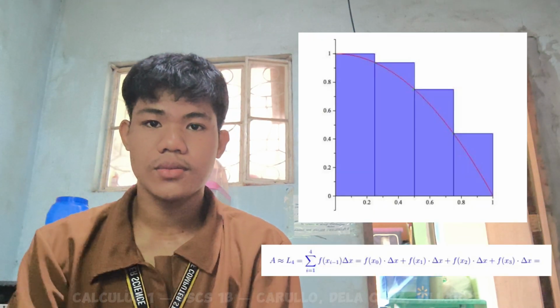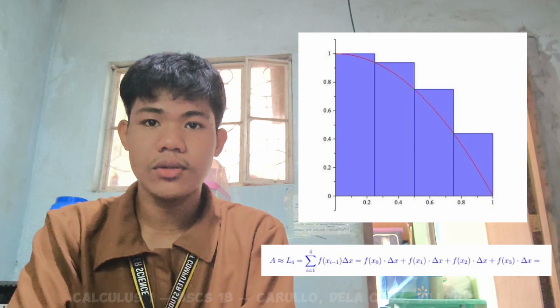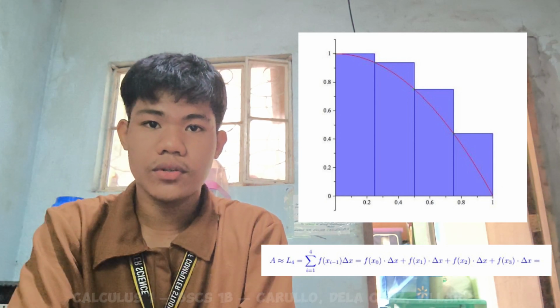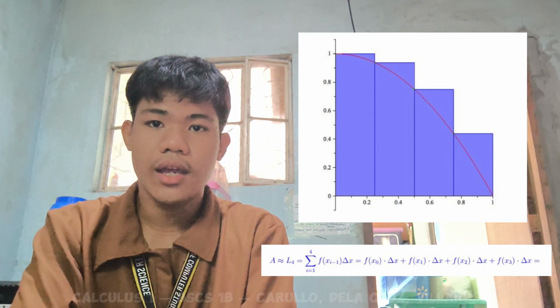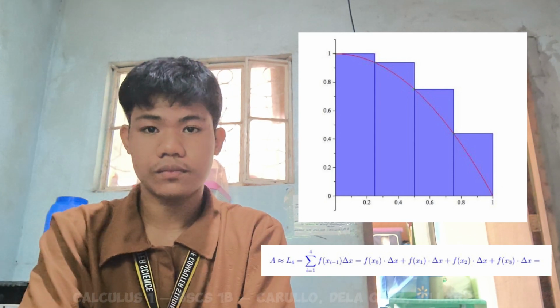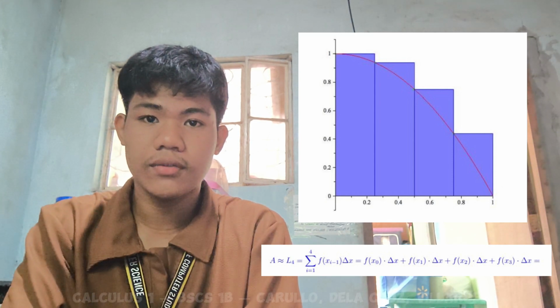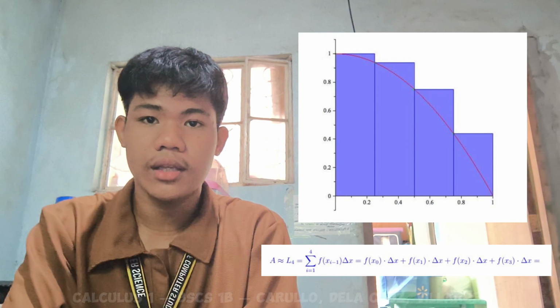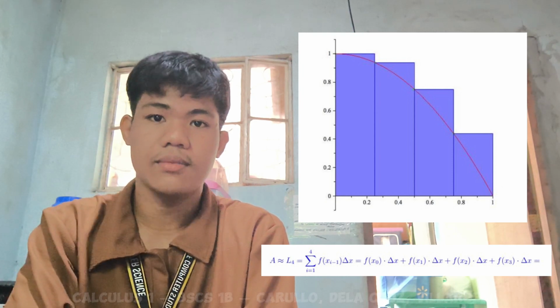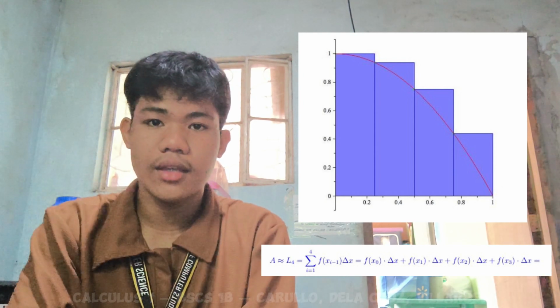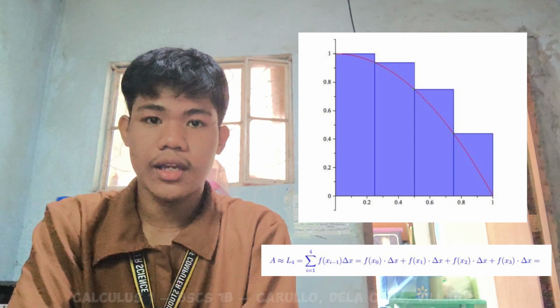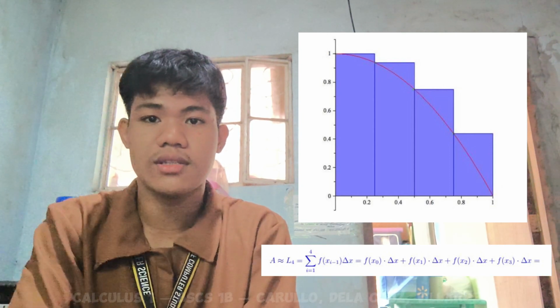For the left endpoints, we have x0 equals 0, x1 equals 1/4, x2 equals 1/2, and x3 equals 3/4. That means the value of the function at x0 is 1, at x1 is 15/16, at x2 is 3/4, and at x3 is 7/16.